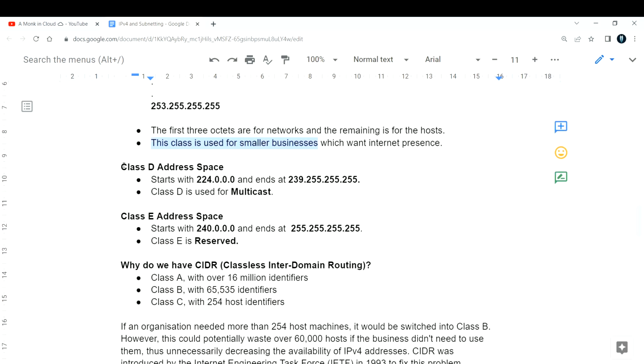So startups that are just getting started and need internet presence can use these class C networks. We also have two other classes, class D and class E. Class D starts with 224.0.0.0 and ends at 239.255.255.255, and it is used for multicast. You don't have to worry about class D and class E as of now, since we are not using them anyway.